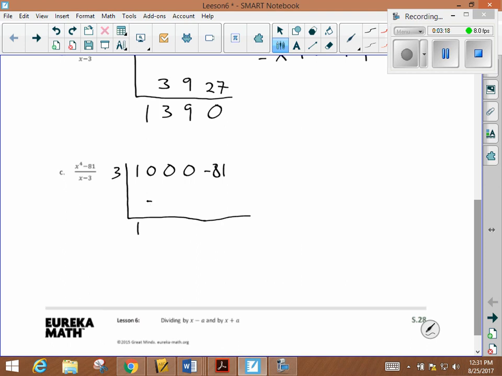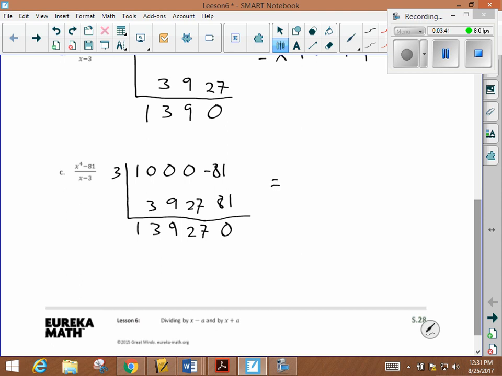3 times 1 is 3. 0 plus 3 is 3. 3 times 3 is 9. 0 plus 9 is 9. 3 times 9 is 27. 0 plus 27 is 27. And 3 times 27 is 81. Negative 81 plus 81 is 0. And what is going to be our result?